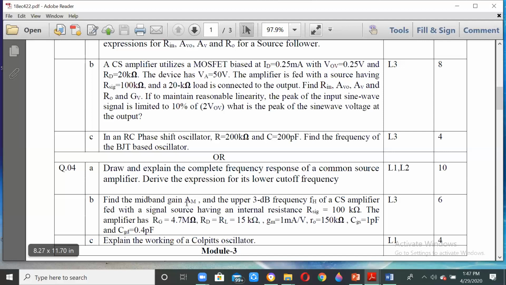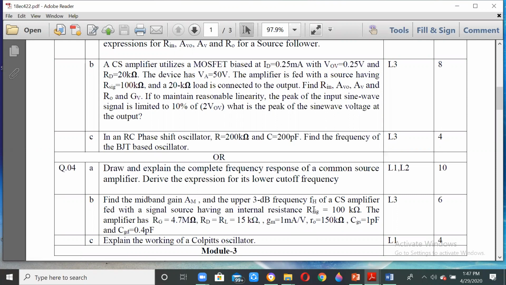Then we come to 4B. We need to find the midband gain and the 3 dB frequency FH for a CS amplifier fed with a signal source of internal resistance RSIG equal to 100 kilo ohm, and the amplifier has RG equal to 4.7, RD and RL equal to 15 kilo ohms, GM equal to 1 milliampere per volt, R0 equal to 150, CGS equal to 1 picofarad, and CGD equal to 0.4 picofarad.